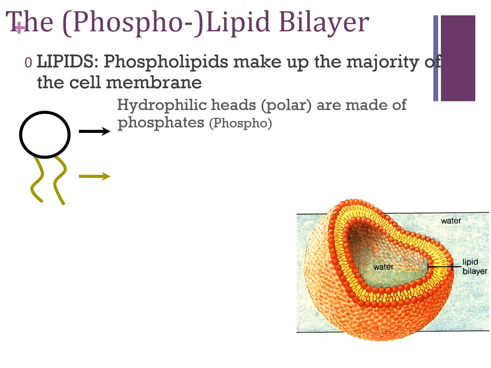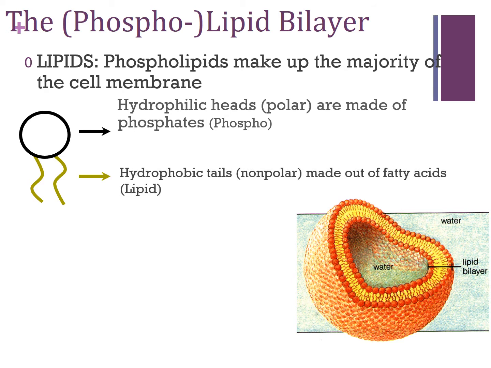The other part of the phospholipids are hydrophobic tails. You know what it means to have a phobia. You're afraid of something. Well, these hydrophobic tails don't like water, hence the part of the word phobic in the name. Another way to describe that is by calling it nonpolar.